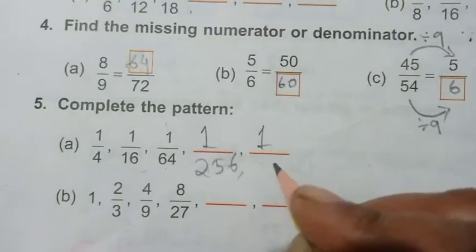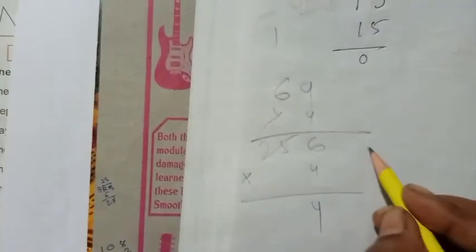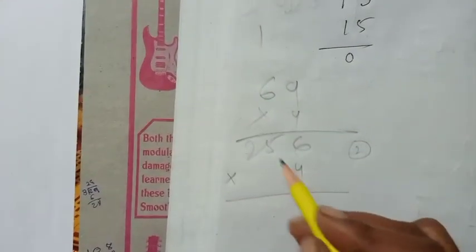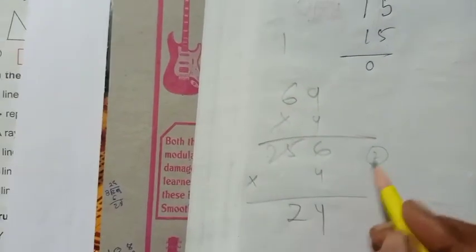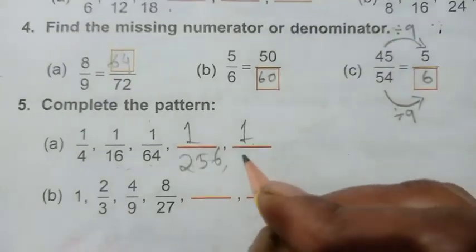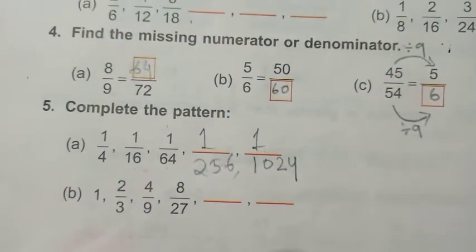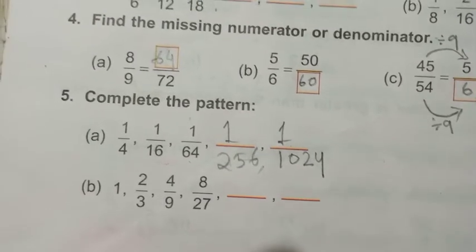Again multiply 4 with this, let's multiply 4 again with 256. It is 1024. So this is the place you write 1024. Got it? It will be done like this.